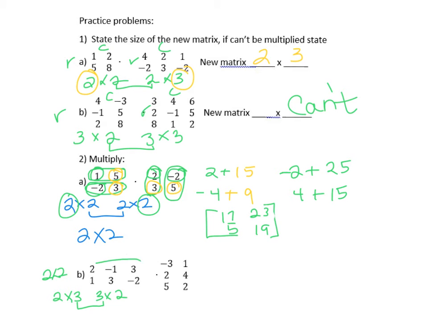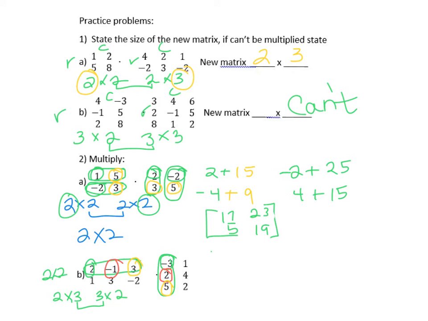Okay, so I'm going to go row by column. So I'm going to do the 2 times the negative 3, the negative 1 times the 2, and then the 3 times the 5 for the first term.